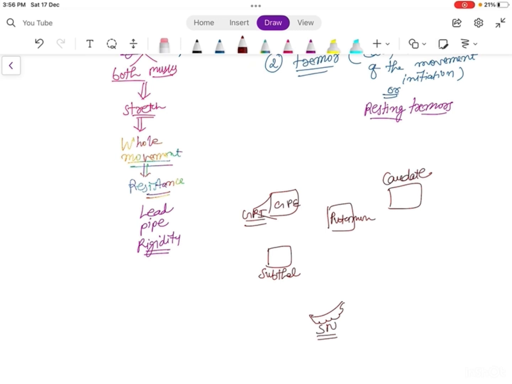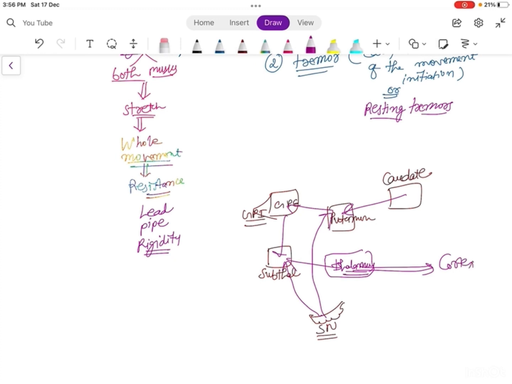And this is a major nucleus, the thalamus, right? All these connections have connection towards our cortex.